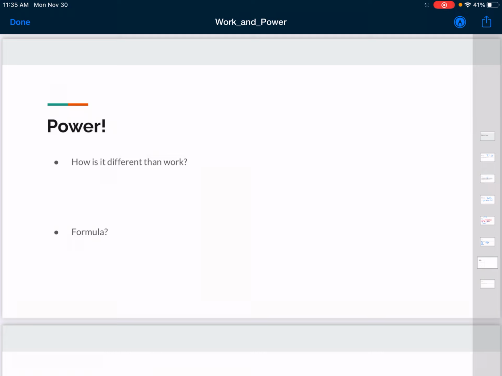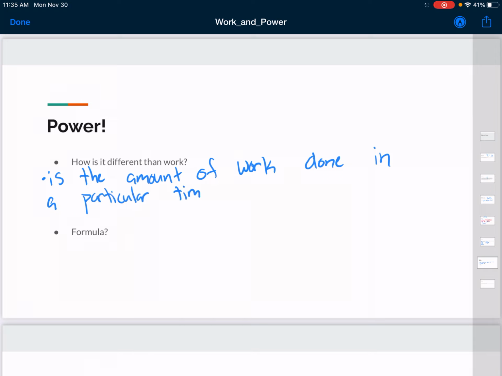So power is the amount of work done in a particular time frame. Okay, so power is the amount of work done in a particular time frame.